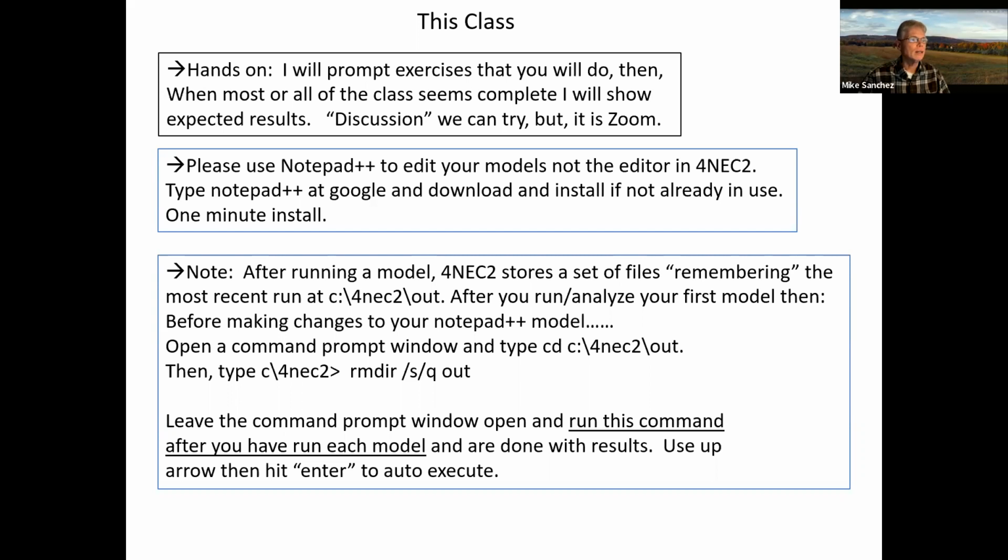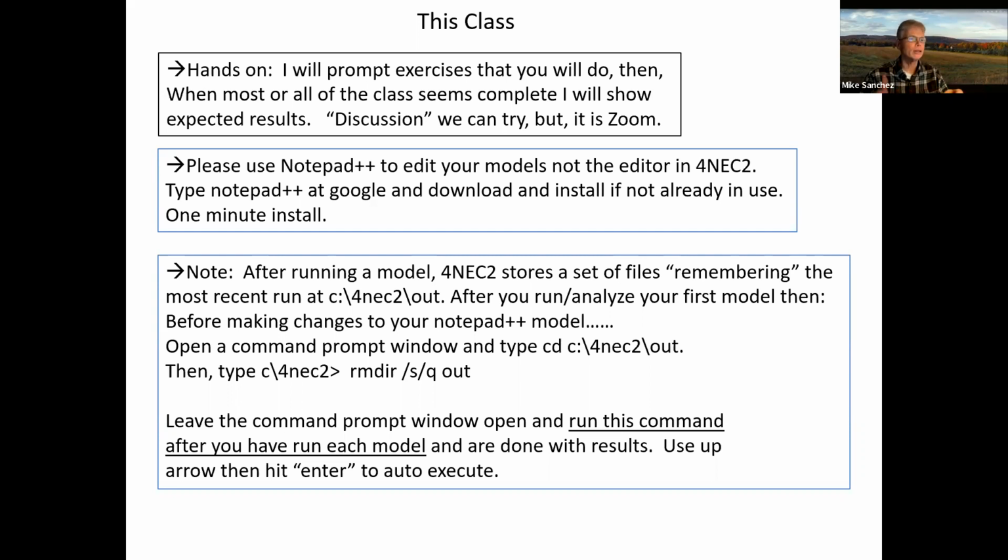After running the model, I would like to describe one of the things that I haven't been able to turn off in 4NEC2. It does a great job of, if you have models that you already like and you run them in a directory called C:/4nec2/out, for you guys using Windows, creating some binary output files that capture all aspects of your recent run.